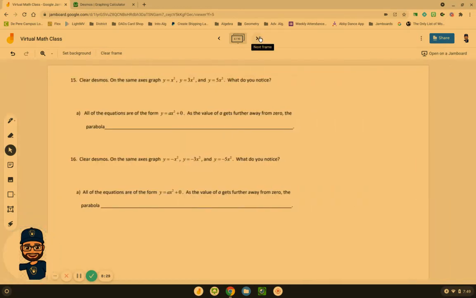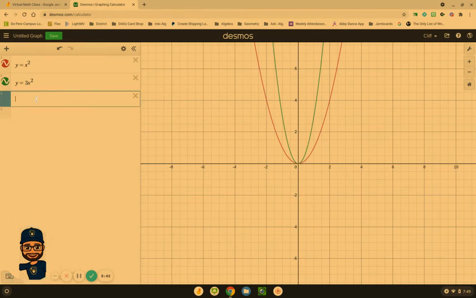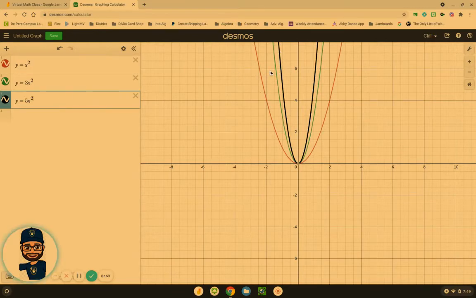All right, so we can test this inside of Desmos. All right, and I'm going to use these three: y equals x squared, 3x squared, 5x squared. I'm going to get rid of our negative ones for a second. X squared, 3x squared, and y equals 5x squared. And look how that black line for this one gets even closer together and inside the green.